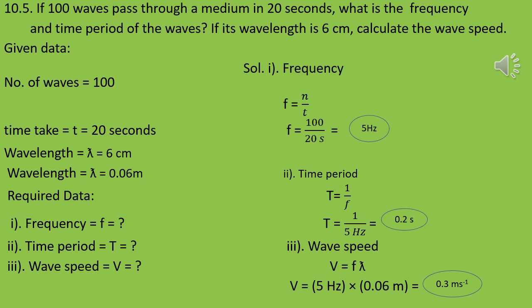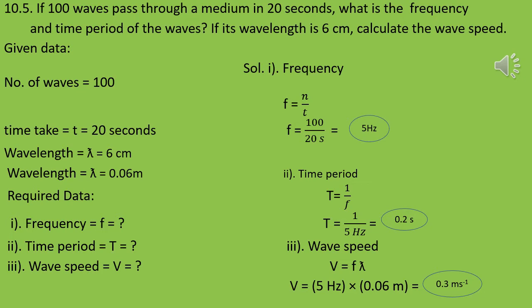Solution: 1. Frequency. The formula for the frequency is f = n/t. By putting the values in the formula, we get f = 100 divided by 20 seconds, or f = 5 Hz. 2. Time period. Formula: time period T = 1 divided by frequency.